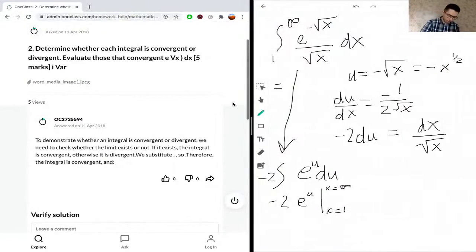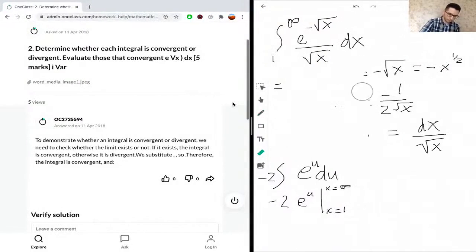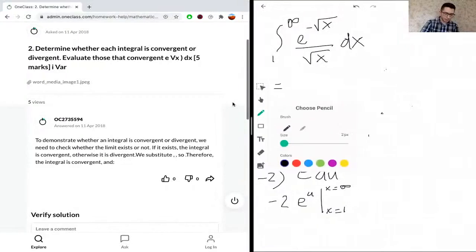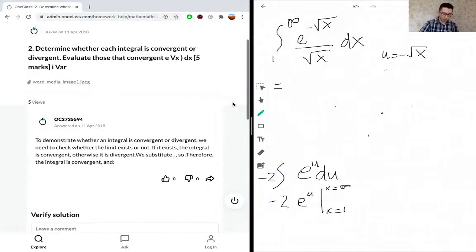So let's clear up some space up top here. To do this, we can substitute back what we originally set u to, which was negative square root x. So we can substitute this back into our equation down here. Because there's an infinity component, we can take the limit.